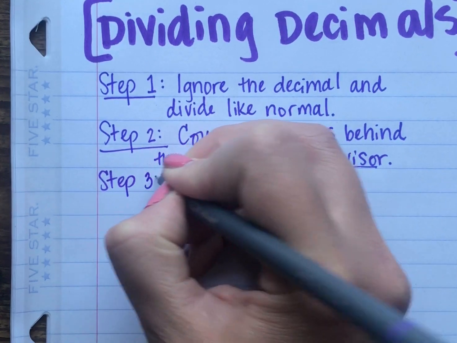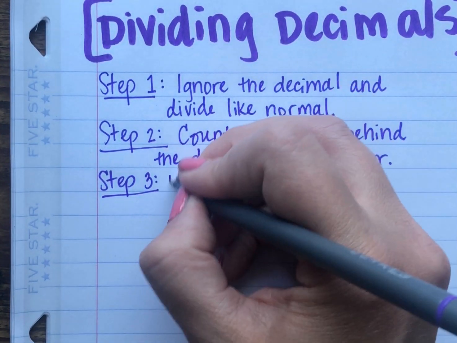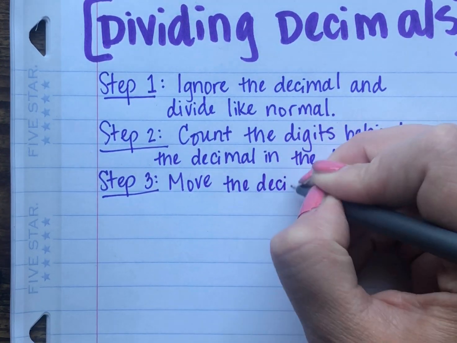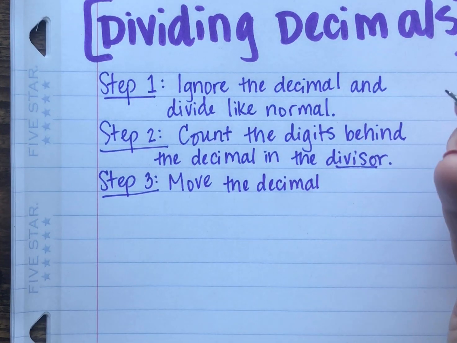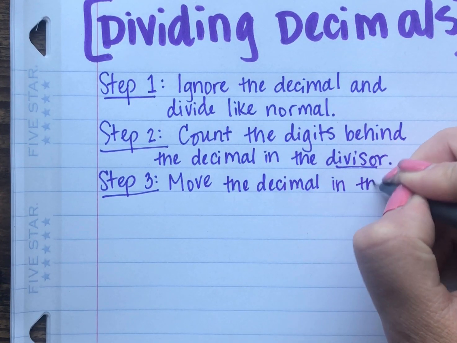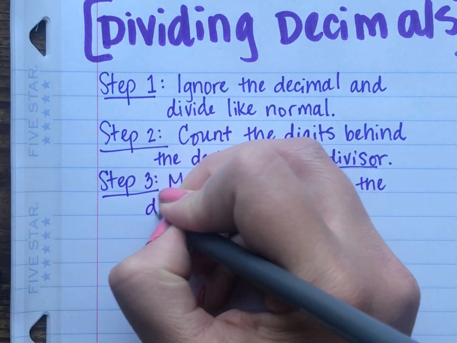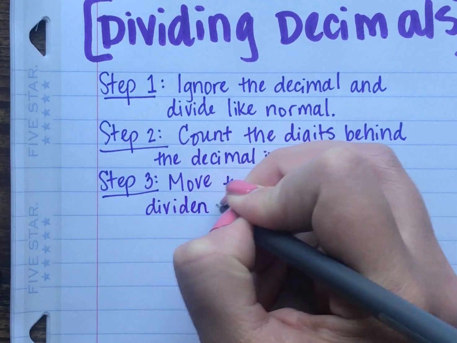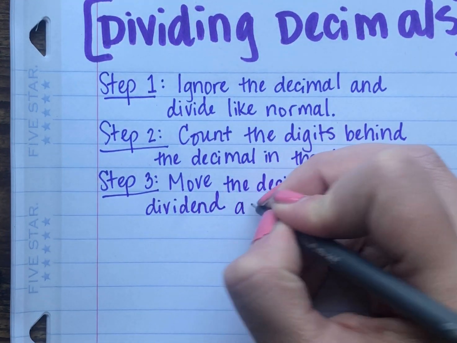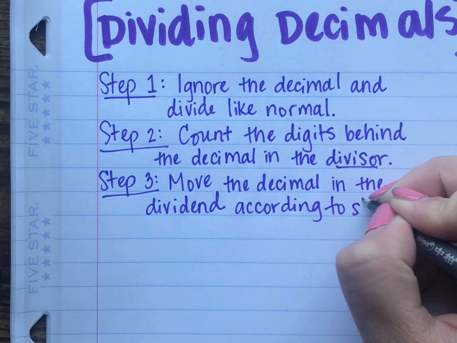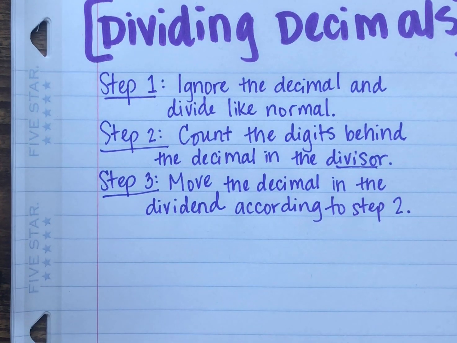Step 3 is going to be to move the decimal in the dividend according to step 2. Okay, so we're going to count in the divisor and we're going to move in the dividend.